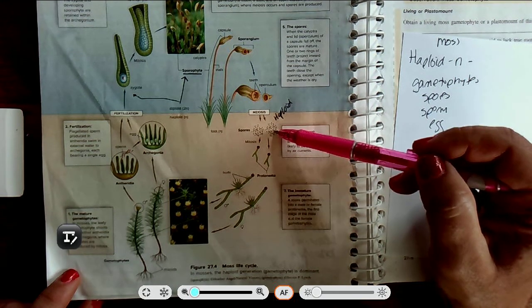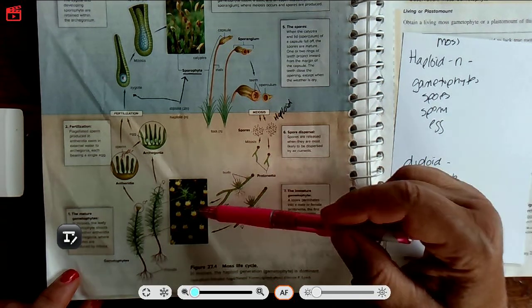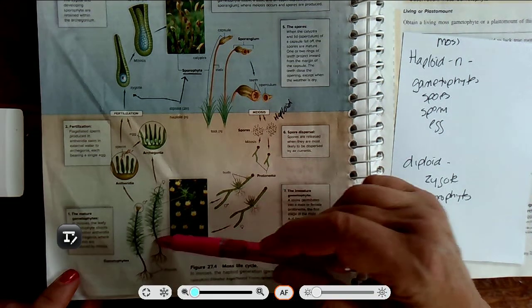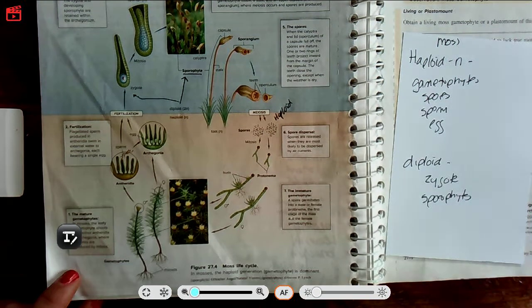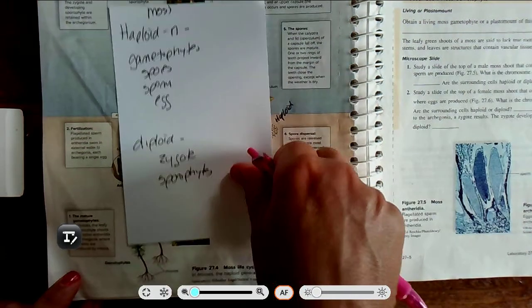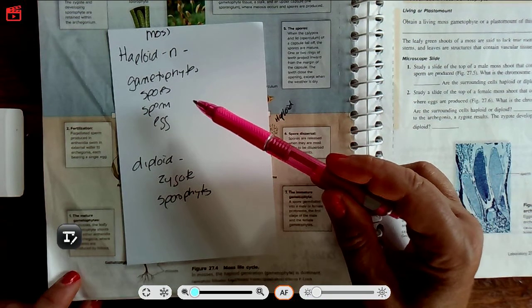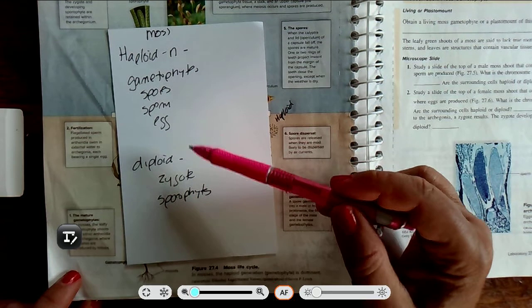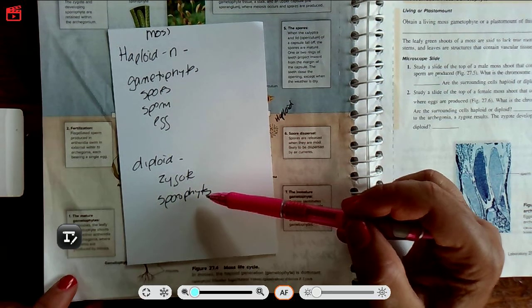Again, the spores are haploid. The spores become the protonema, which is the precursor to the gametophyte, and then we start our life cycle over again. So we have haploid and diploid structures. To summarize, with moss, our haploids are the gametophytes, the spores, the sperm, and the egg. Our diploid structure is the developing zygote, which becomes a sporophyte.